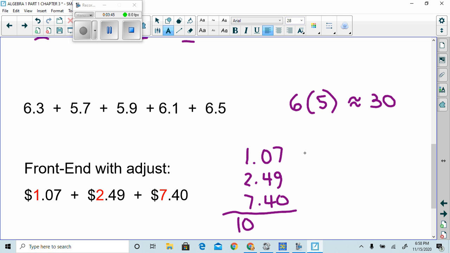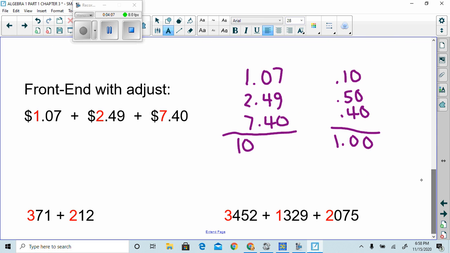Now the second part of this says take what's left over, the change part here, let's round it to the nearest place value. Let's round them all. So then we get, and then I'm going to add these up. And I'm going to add these two together. So 10 plus 1, this is approximately equal to $11.